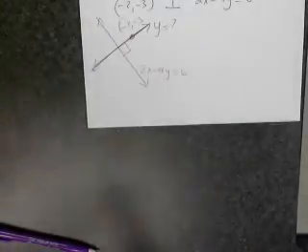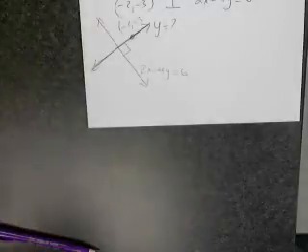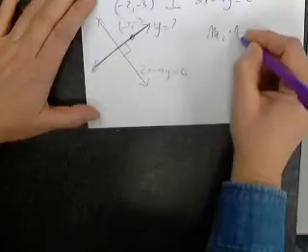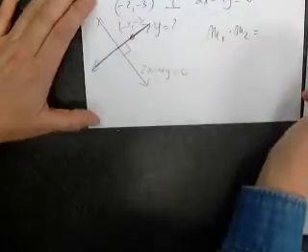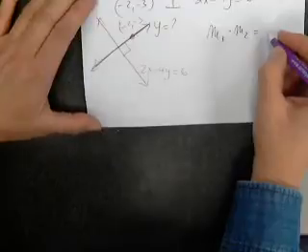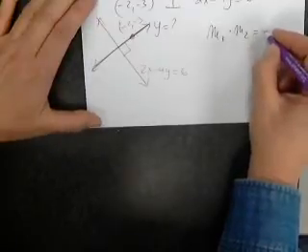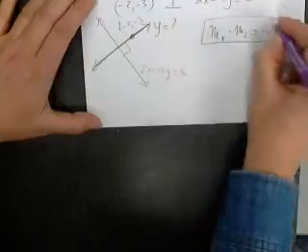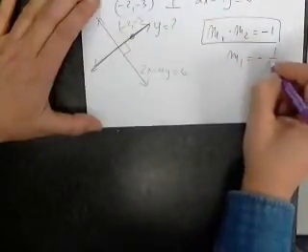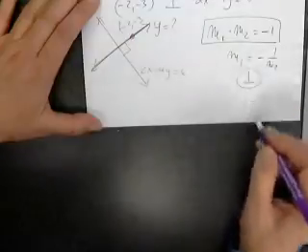What is the relationship between M1 and M2? M1 times M2 equals negative 1. Another way to remember it, M1 equals negative 1 over M2. This is only for perpendicular lines.